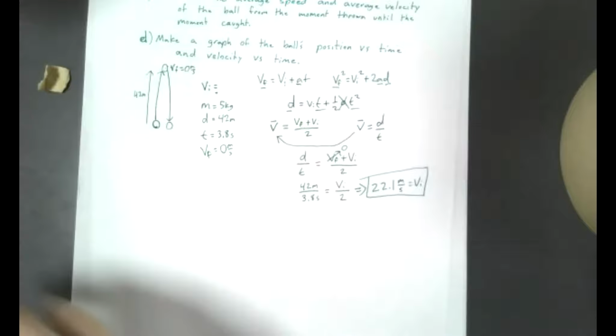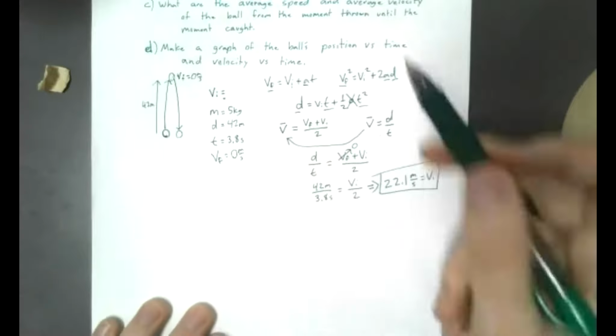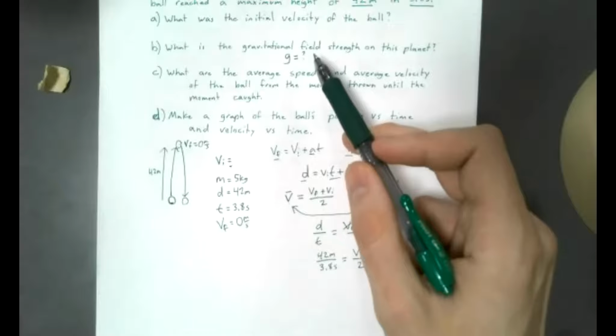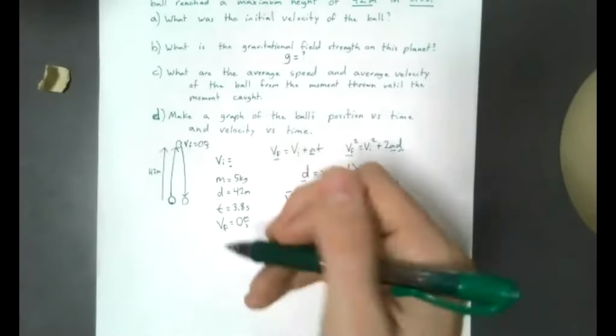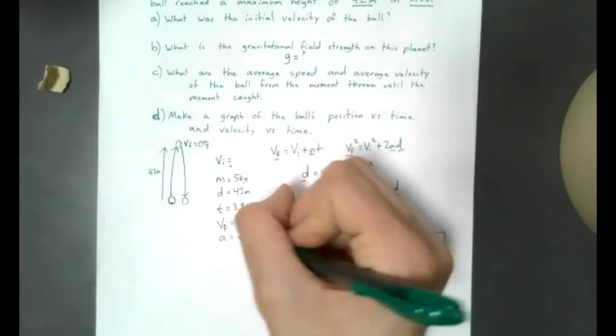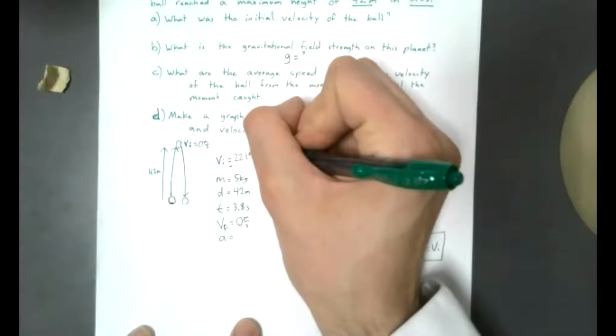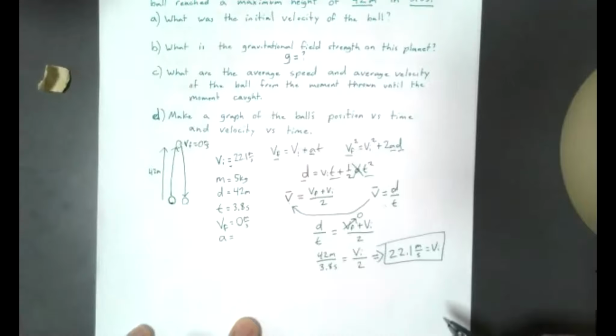Part B, what is the gravitational field strength for the planet? So we want to know the acceleration that is pulling objects down on this planet.